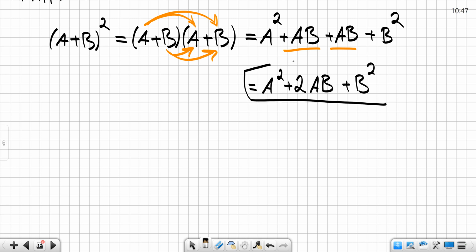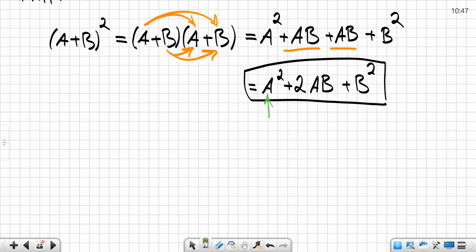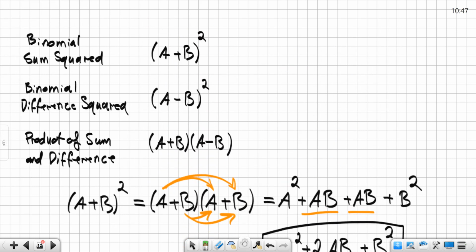And this is the formula that we are using. How can you remember that? It is the first one squared, the product of the terms multiplied by 2, plus the last one squared. So this is our binomial sum formula.